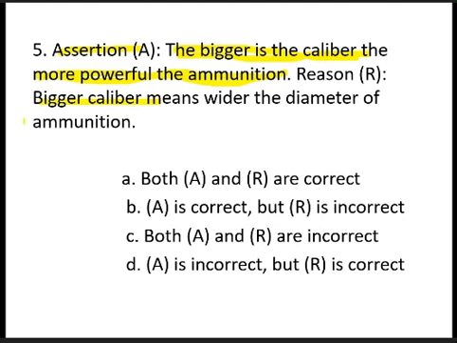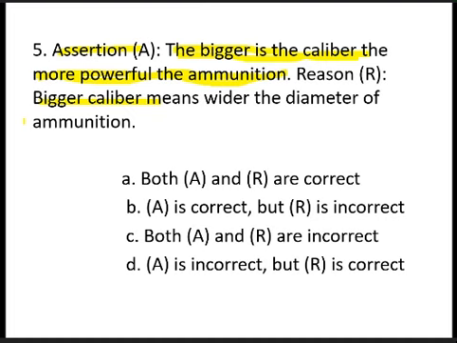Balik ta sa assertion. Ang assertion nag-ingon nga the bigger is the caliber, the more powerful the ammunition. Diba? Ganina atong gisgutan ang gauge sa shotgun. Kung ang gauge sa shotgun is taas, ang caliber will also be low.